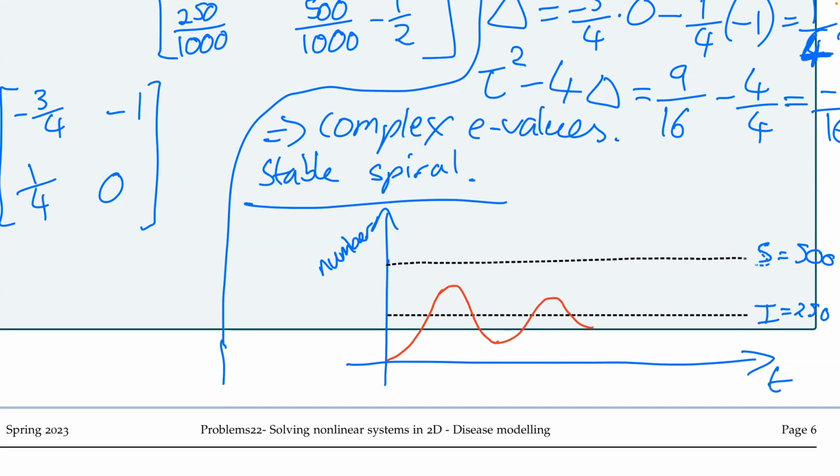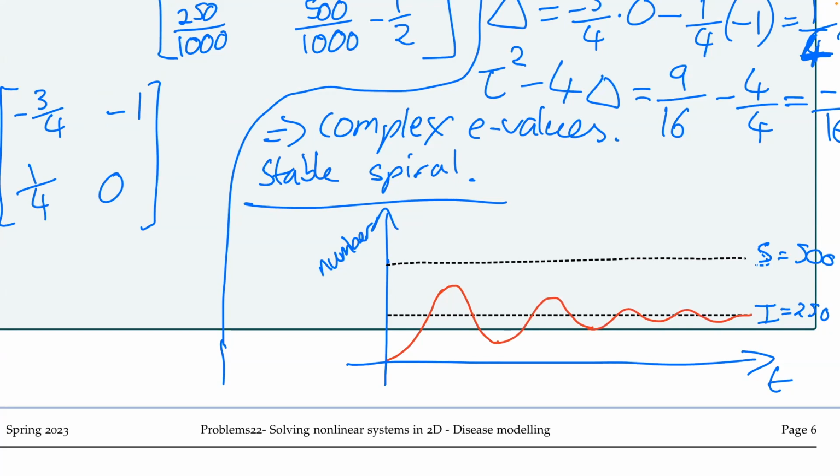Our second epidemic wave is less in magnitude than our first epidemic wave because we're spiraling into this point. So the amplitude is decreasing. It happens again and again. So eventually it will settle down.